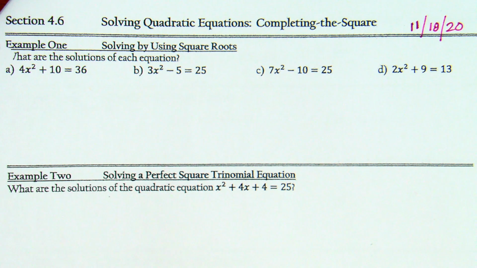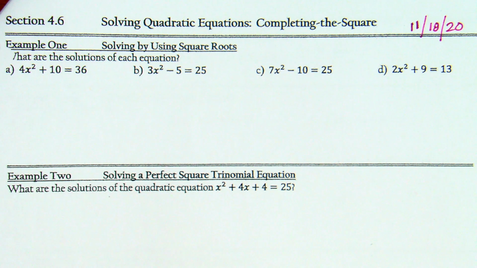So we are looking at another way to solve quadratic equations. If you remember, it wasn't on the quiz, but before we took the quiz, we did lesson 4.5. If you flip back and look, lesson 4.5 was solving quadratic equations using factoring.